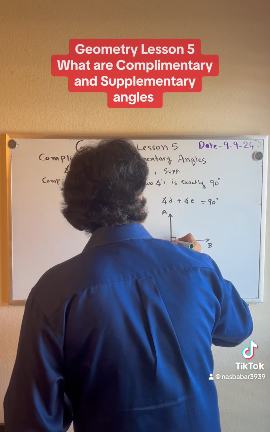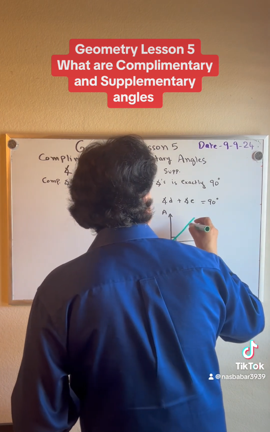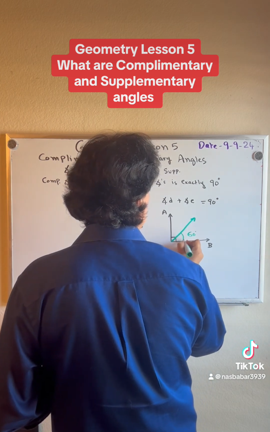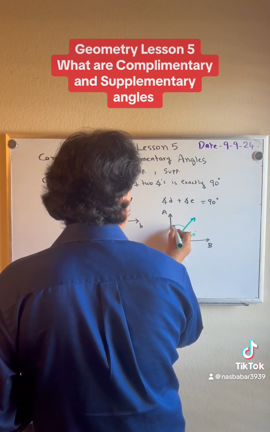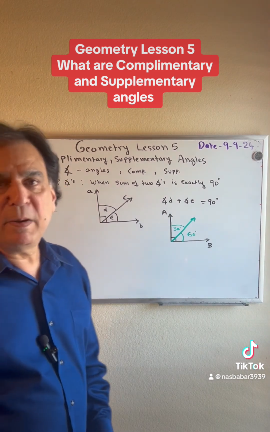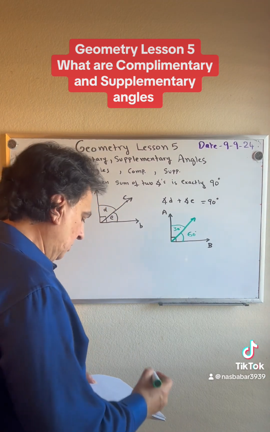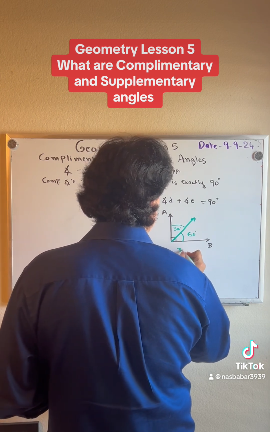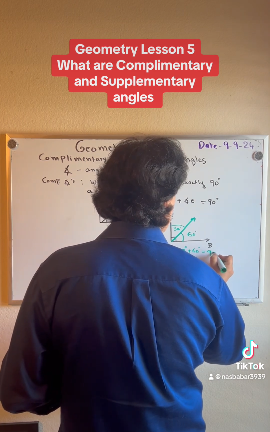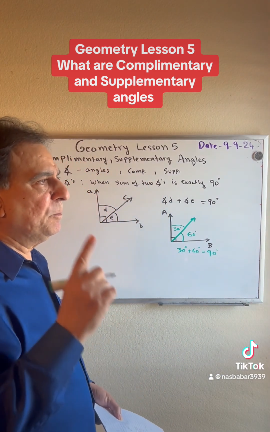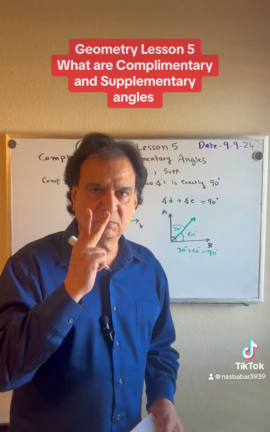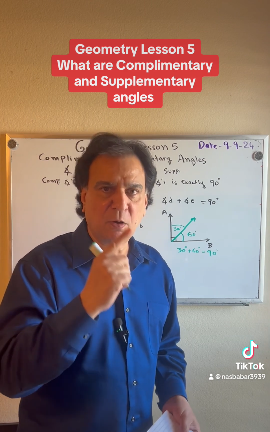So if I draw a line right here, and I say this angle is 60 degrees, and then this angle right here is 30 degrees. So are these two angles complementary to each other? Yes, they are, because 30 degrees plus 60 degrees is 90 degrees. So the thing to remember is, if the sum of two angles is exactly 90 degrees, they complement each other. They are complementary angles.